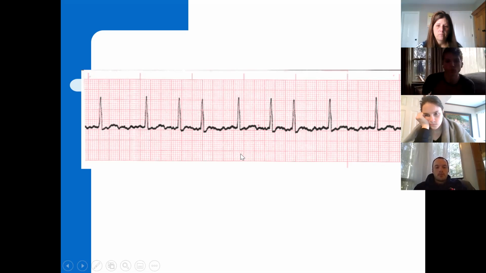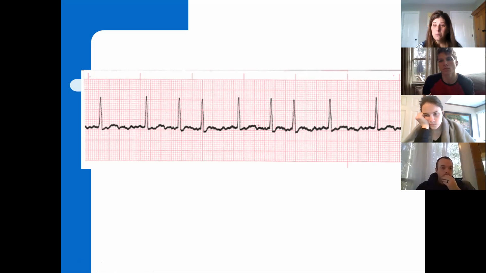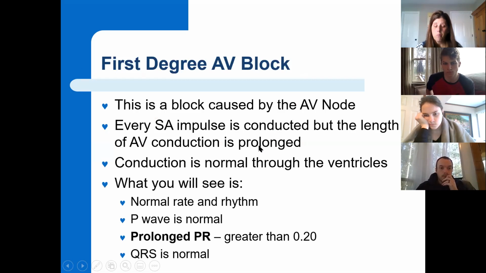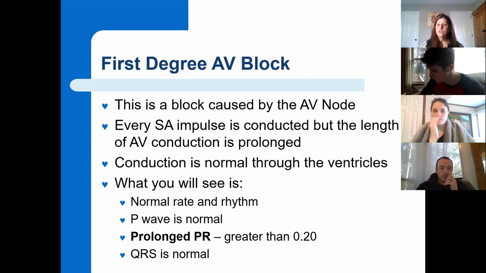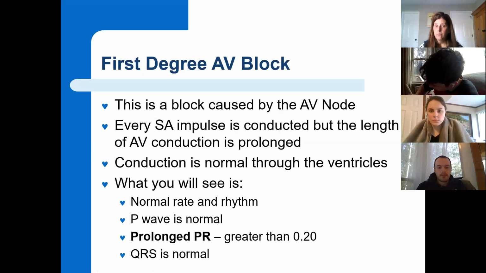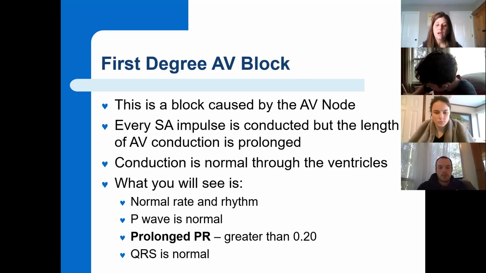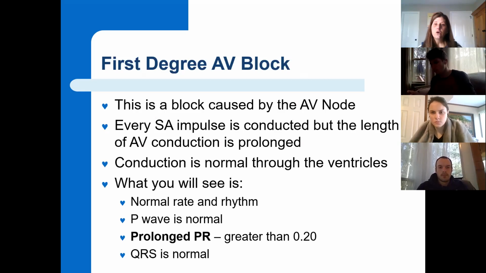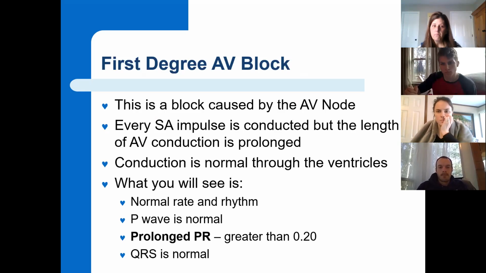Okay. All right, now, when I talked earlier about nuggets or buckets, we're moving into our next nugget, which is going to be blocks, okay? So, first degree block, we're going to talk about first degree, second degree has type 1 and type 2, and we're going to talk about third degree, okay? So, first degree, you have a prolonged conduction from the atria to the AV node or the AV junction sitting on top of the bundle of His, okay?